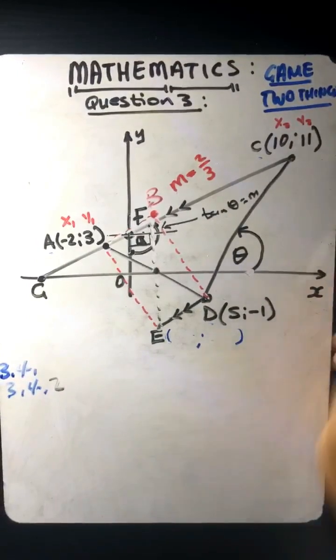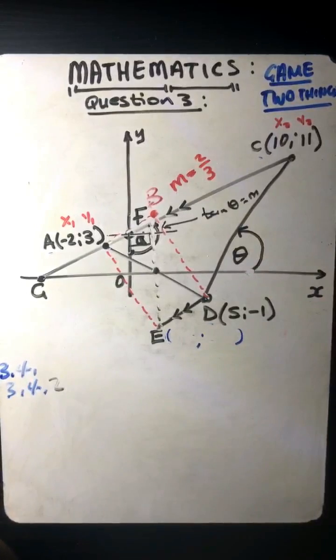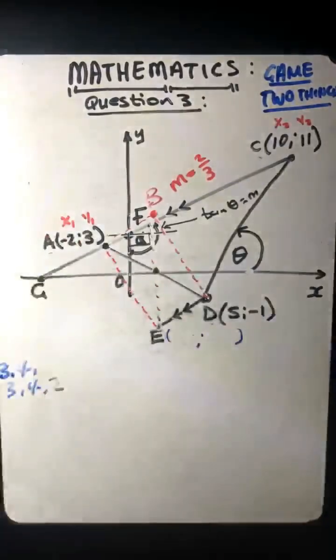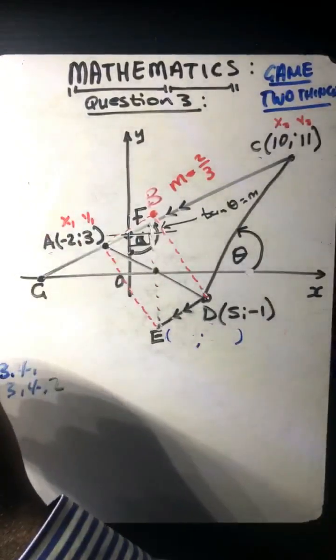Let me give it a try, because we are still speaking about the diagonal. Even our AD would still be equal to our BE.